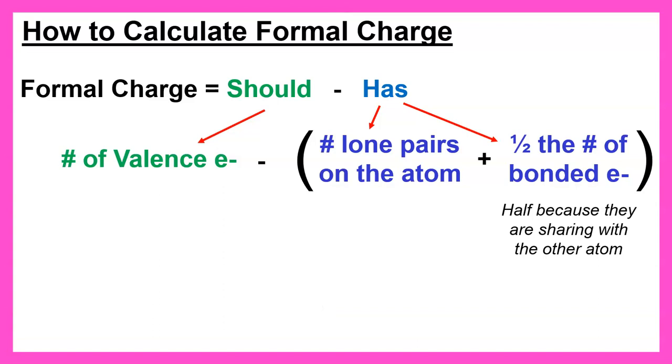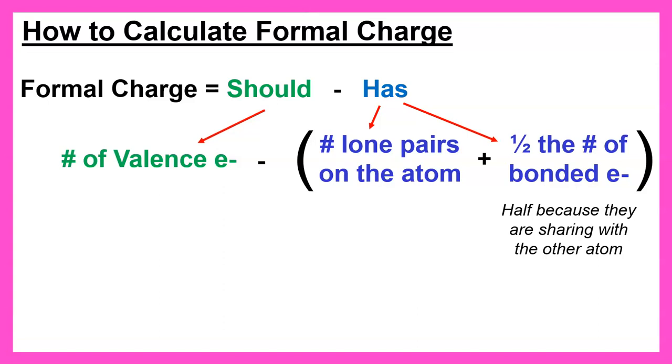We're divvying them up. If you have a single bond, atom A would get 1 electron and B would get 1. If you had a double bond, A would get 2, B would get 2. If you had a triple bond, A would get 3 of them, B would get 3 of them.